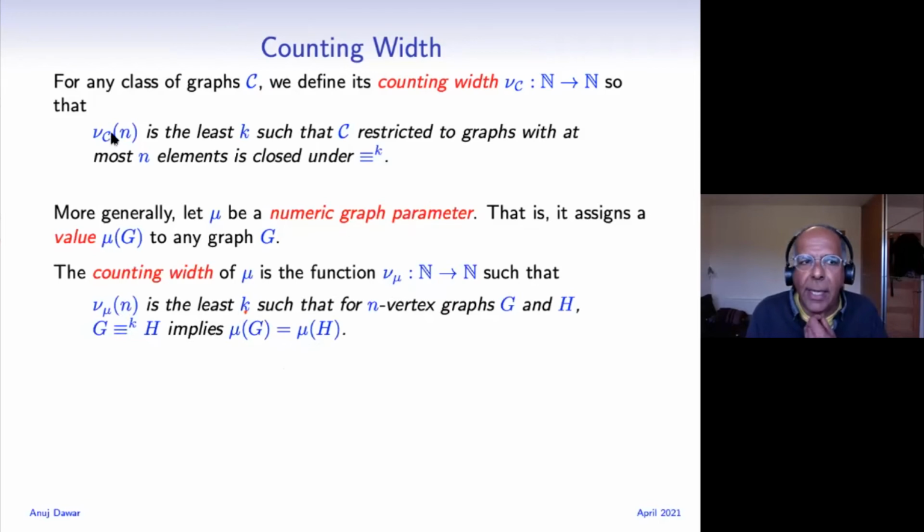Okay, so basically this is just a special case where μ is a 0,1 valued function, right? The counting width of a class of graphs.